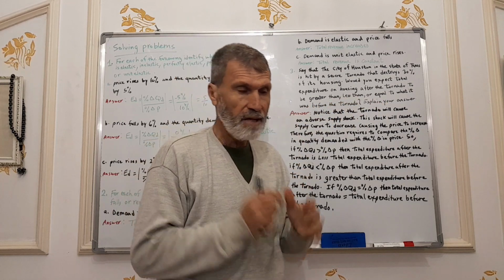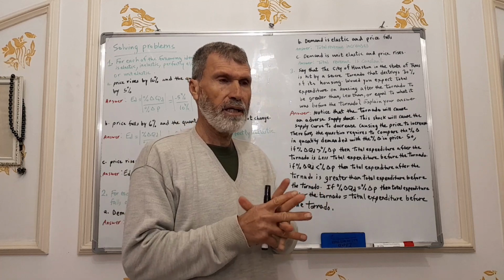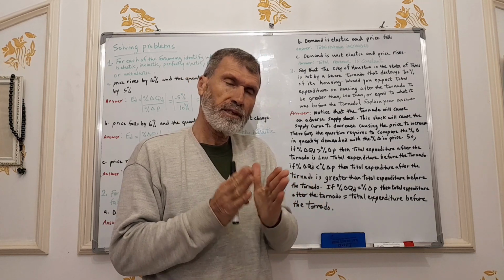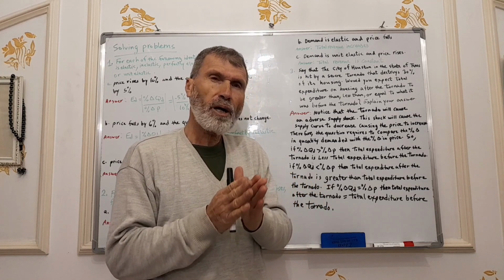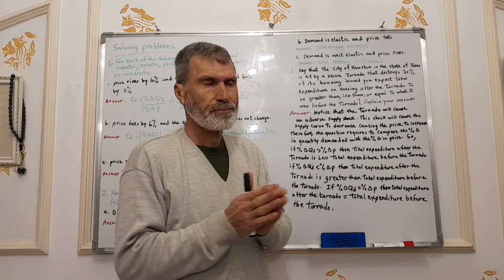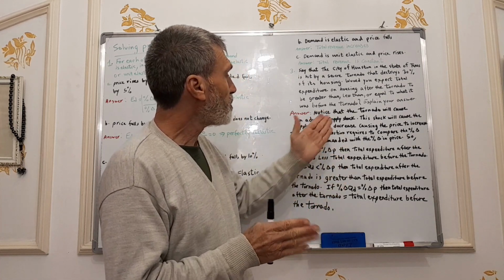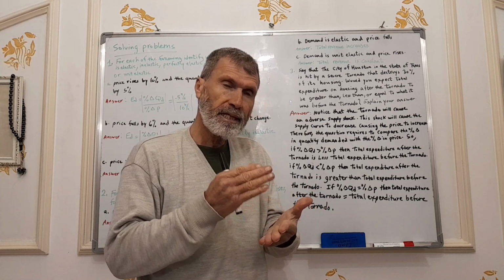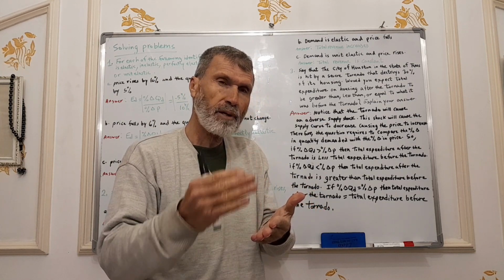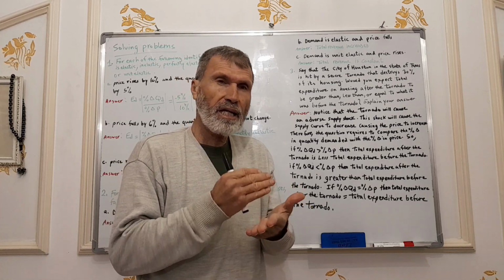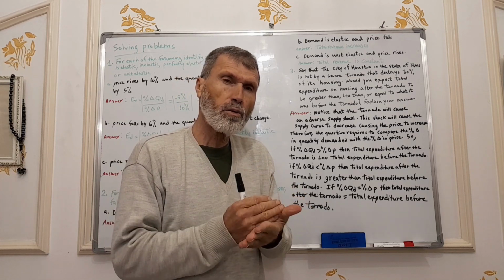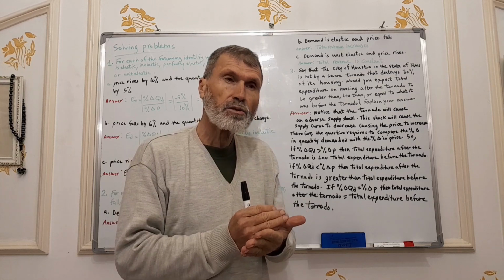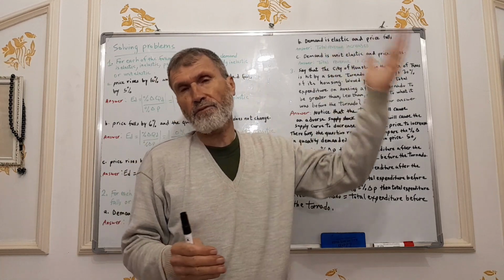Explain your answer. First of all, remember that this severe tornado is part of an adverse supply shock. An adverse supply shock will cause the supply curve to decrease, that is, to shift leftward.